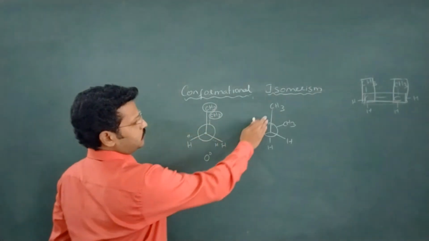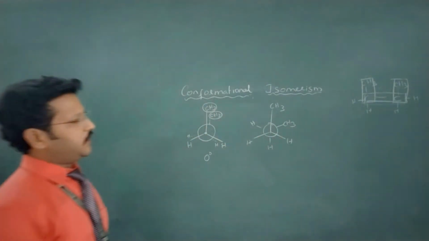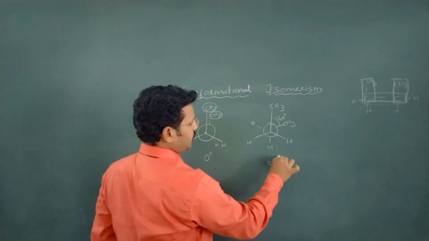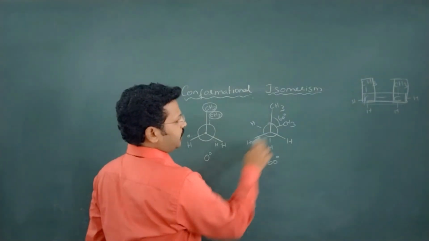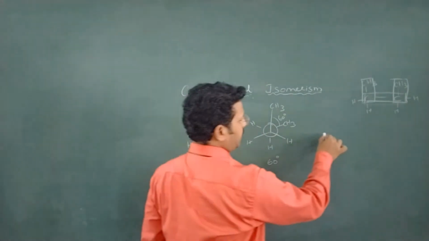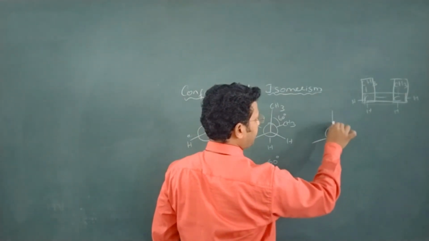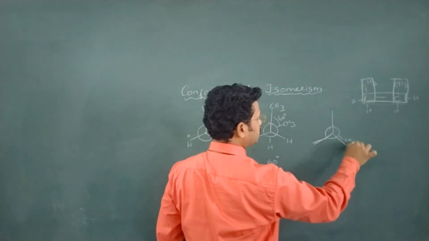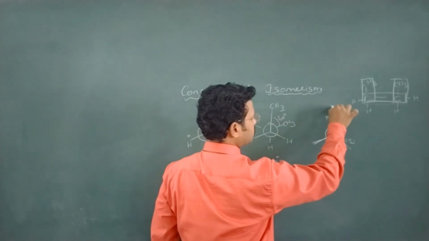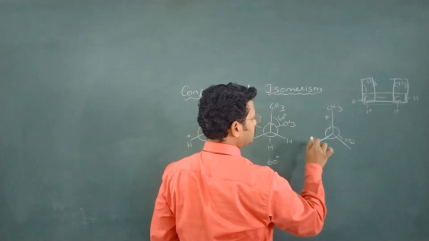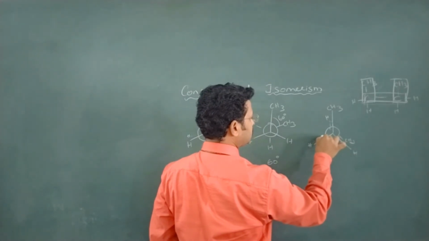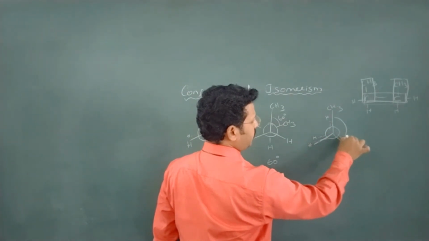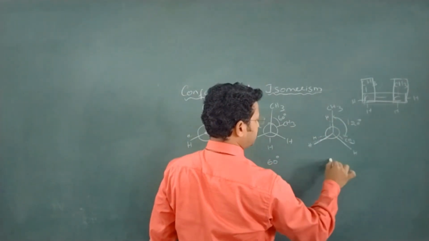When this is tilted by 60 degrees, we get this conformation. Once again I tilt by another 60 degrees and I get this conformation. So the angle of rotation is 120 degrees.